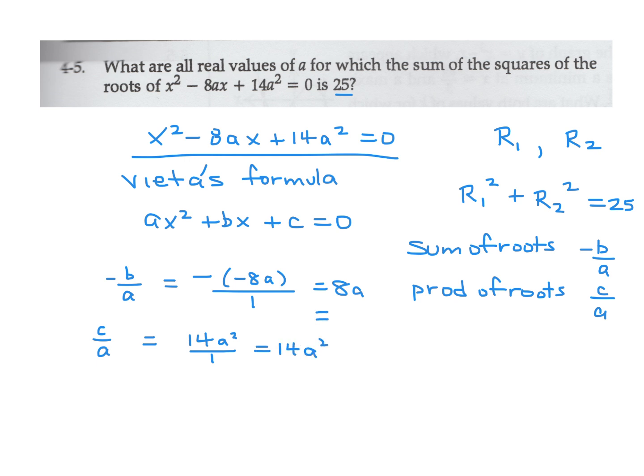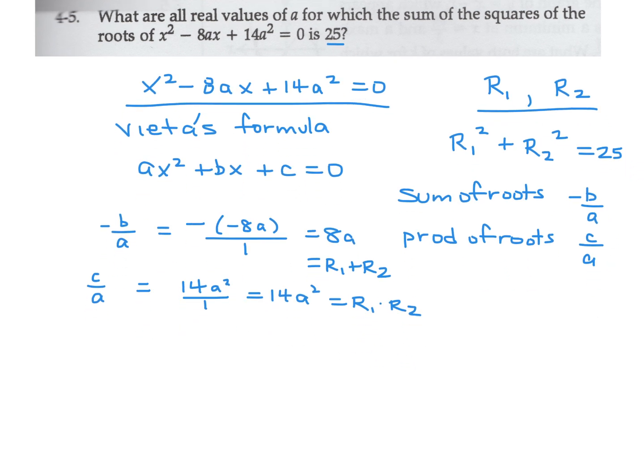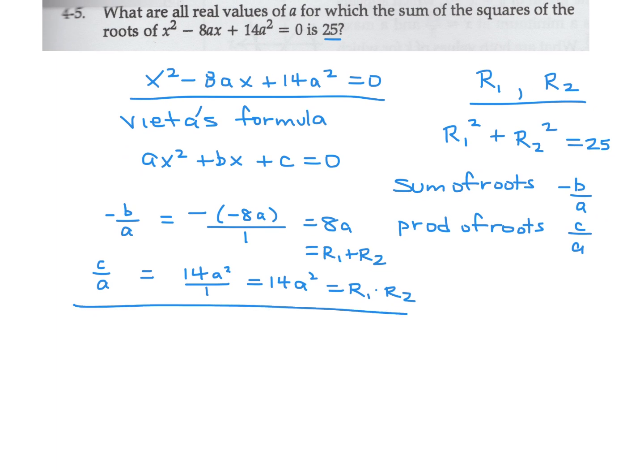Now the sum of the roots are basically r1 plus r2, because that's what I had called them. And the product of the roots is going to be r1 times r2. So I think that should be enough to calculate this. Okay, so what do I do now? I think we just have to use that equation, the r1 plus r2 squared, and that'll do it.